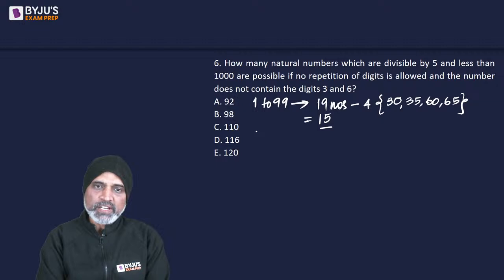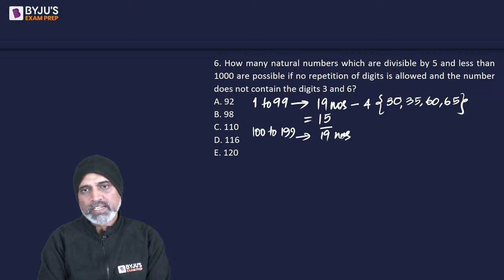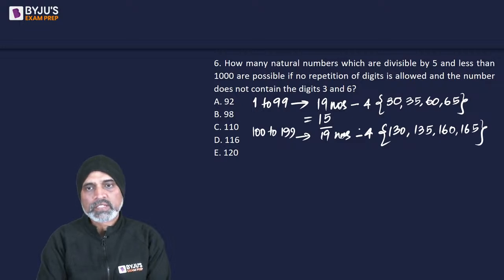If I take the values from 100 to 199, same logic, 19 numbers, out of which I can't take 4 numbers, which are going to be 130, 135, 160 and 165. So this will also result in 15.